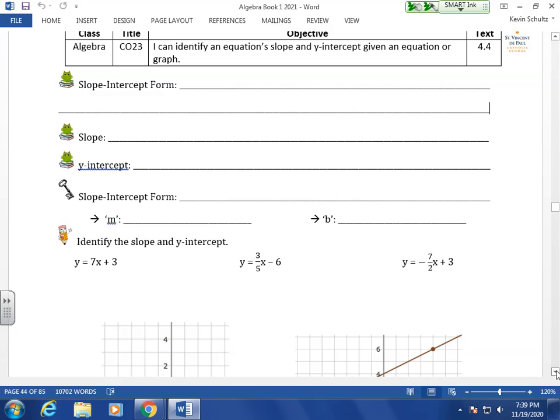Okay, and so here we start with Slope-Intercept Form. And why we are friends with Slope-Intercept Form is it clearly identifies the slope and y-intercept, that might be a new term for you, of a linear function.